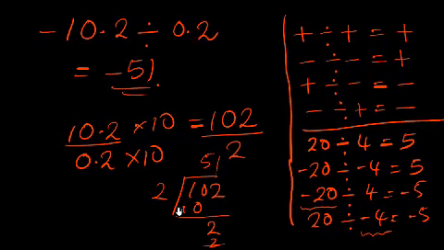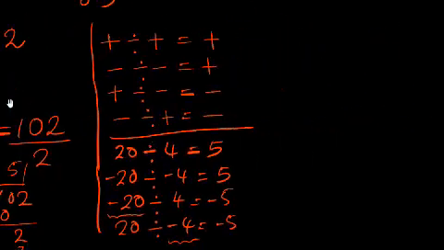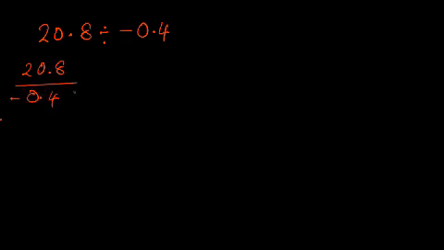Okay, we'll show another example. If the question is 20.8 divided by negative 0.4, we have to make this a whole number, times 10, times 10.